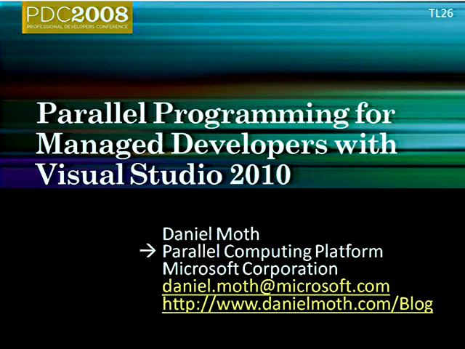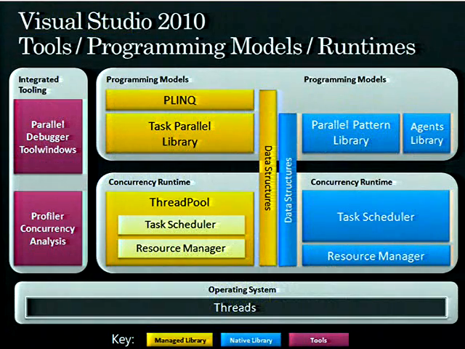So before we go and dive into that, you're probably wondering, what else are we doing in the parallelism space in Visual Studio 2010? So I have a picture here with some technologies we're releasing as part of this major release. And I should tell you, the work that Microsoft is doing in this space is a lot bigger than the stuff that I've added on this slide.